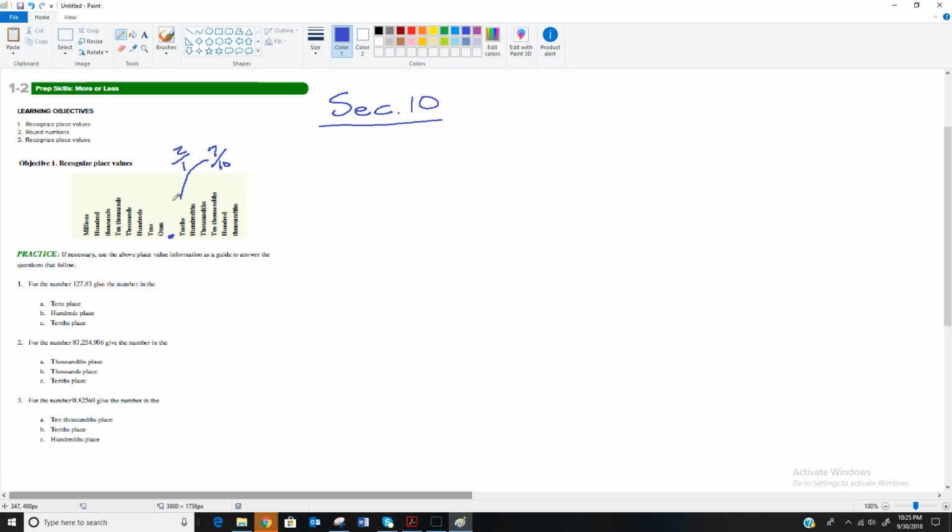So there's no need to have a ones place because I can just put it here. So on the right side it starts with the tenths place, and on the left side it starts with the ones place.